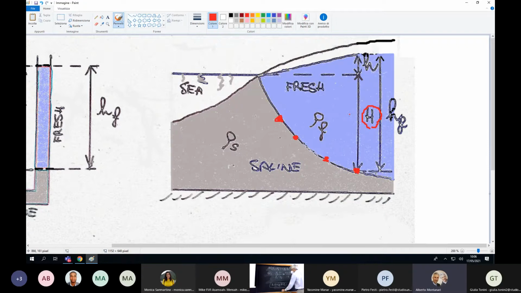Let me write here the conclusion. Capital H is more or less 40 lowercase h. You see that the conclusion is very easy.